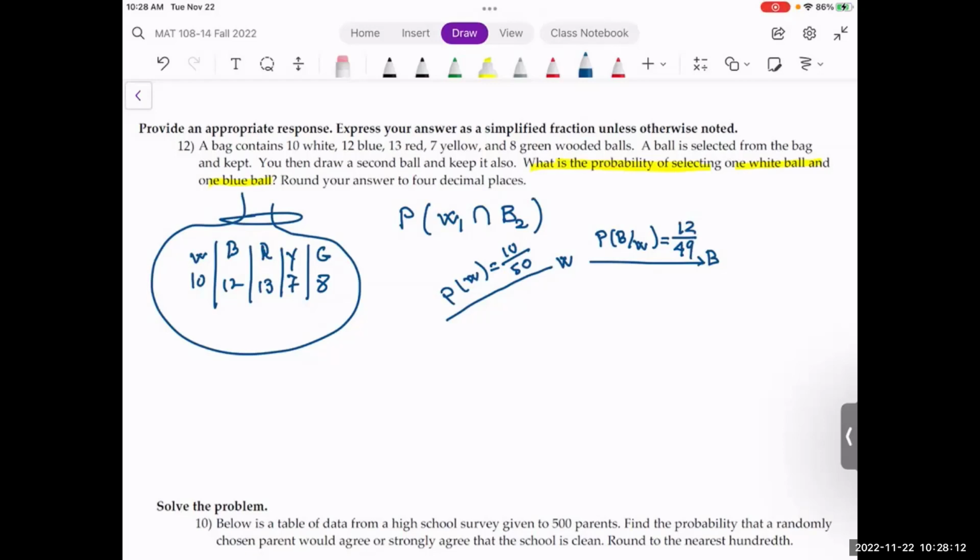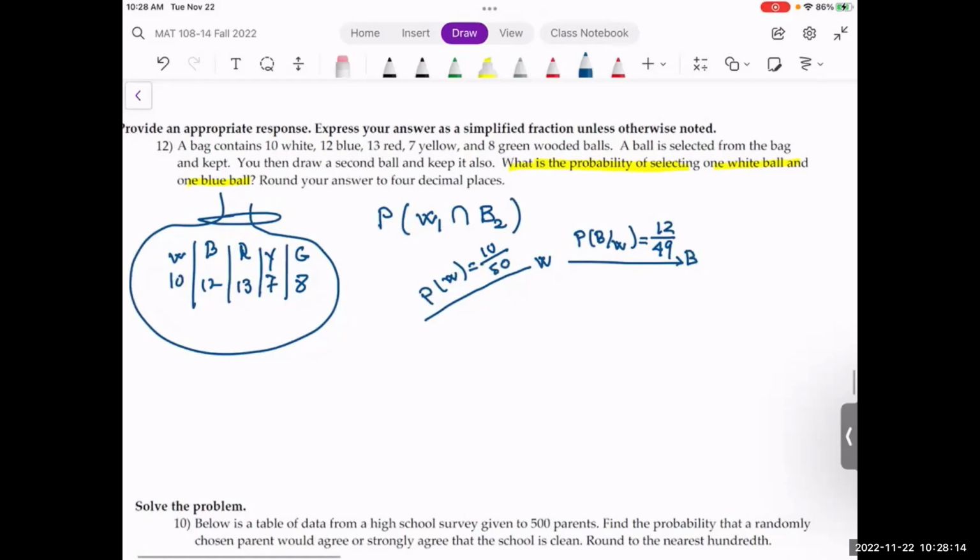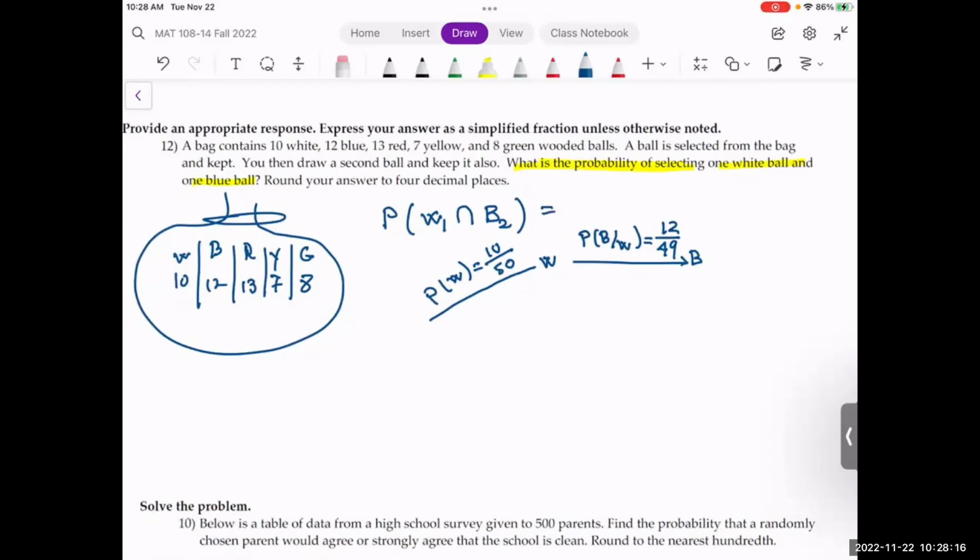Now the probability of getting this is going to be the product. That's the probability of the first one white and the second one blue, and that's going to be 10 over 50 times 12 over 49.